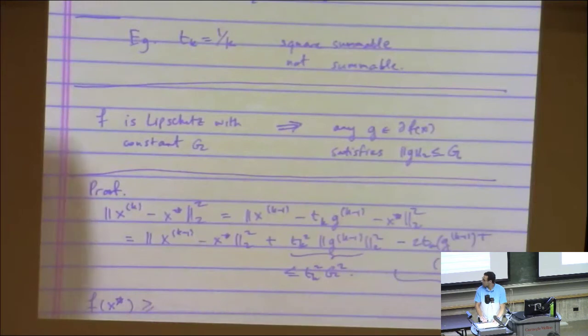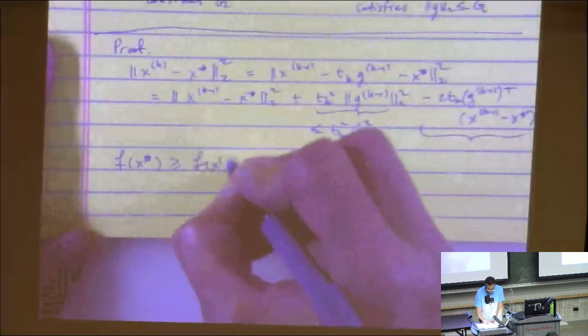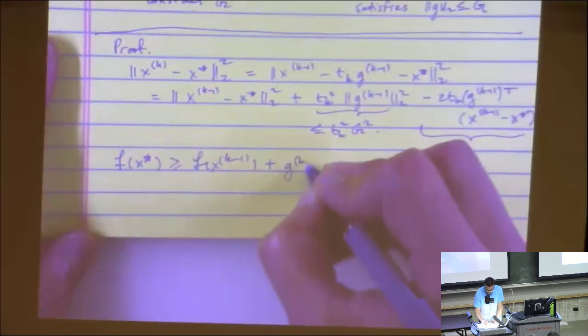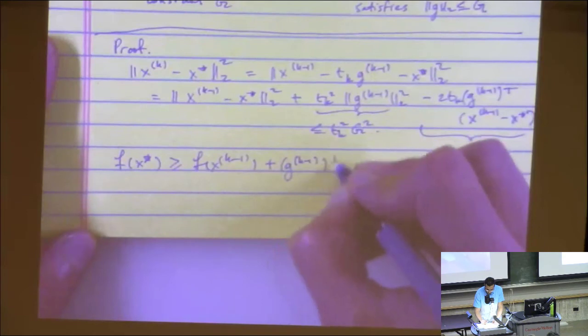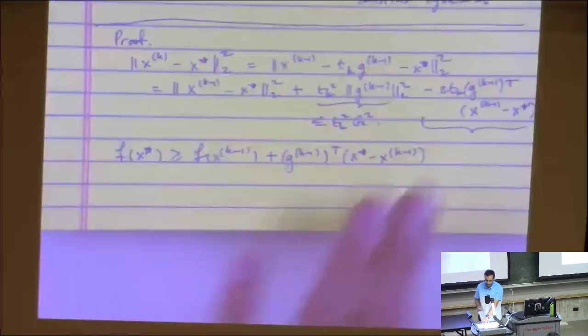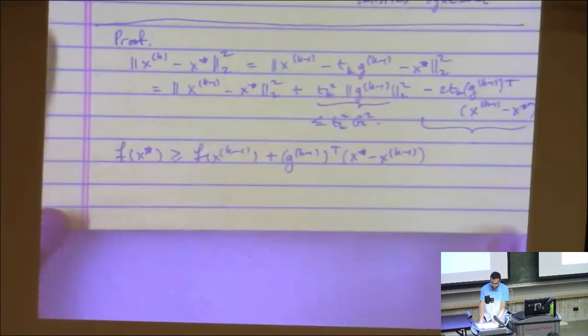So just the definition of a subgradient itself tells us that this is true. This inequality, like I said, would be true for any y, but in particular it's going to be true for y equals x star.